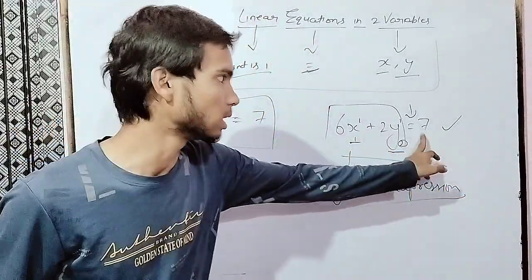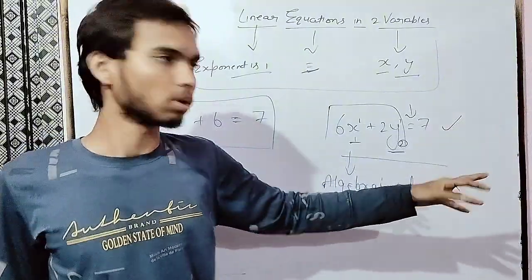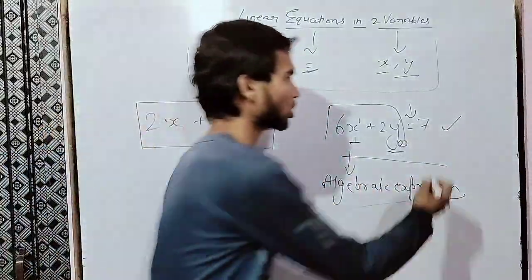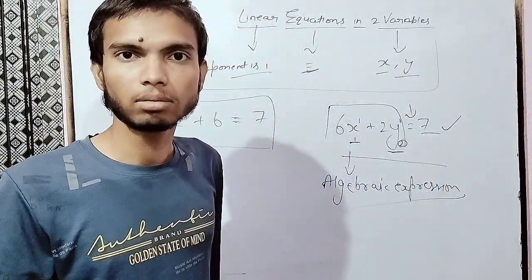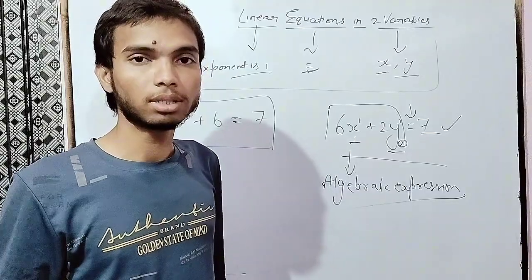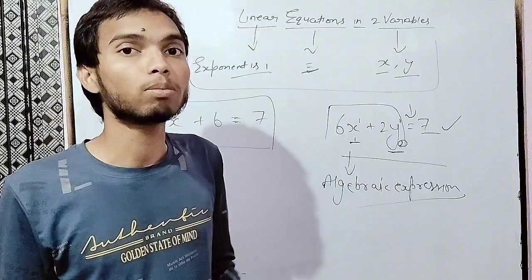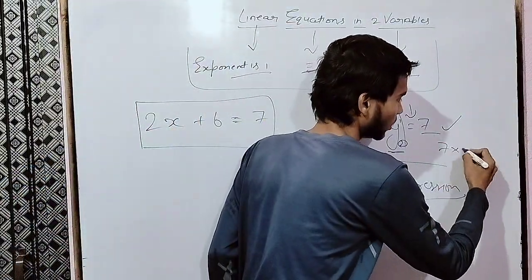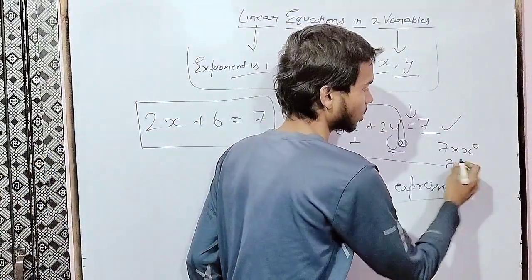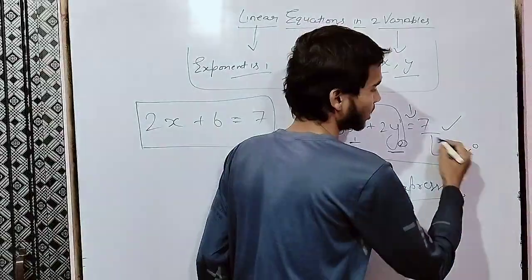This side is also an algebraic expression, because it can be written in another form. This is not a linear one. This is a zero polynomial. Here the exponent is 0.